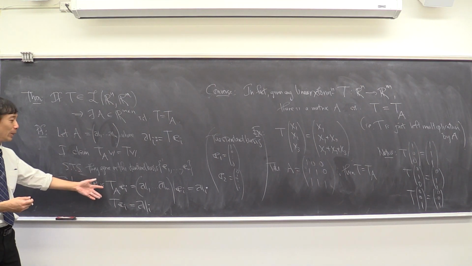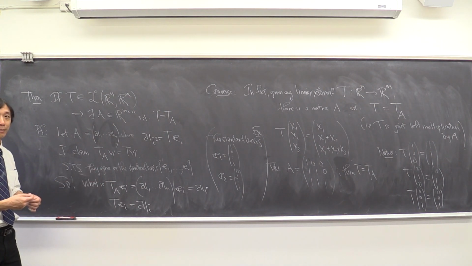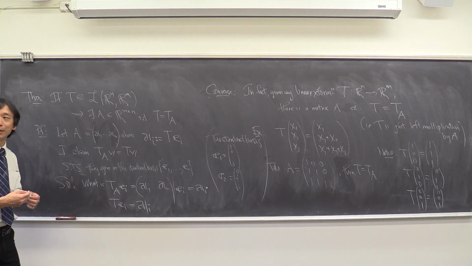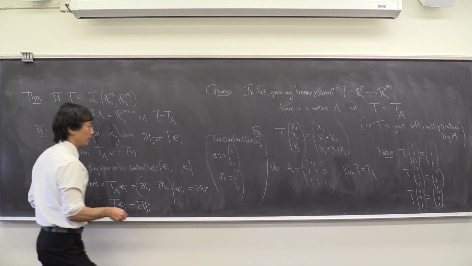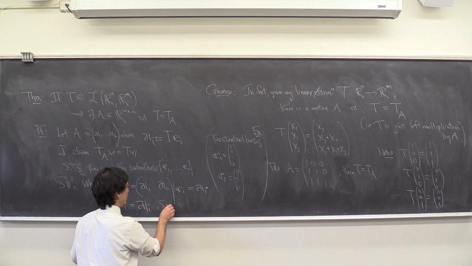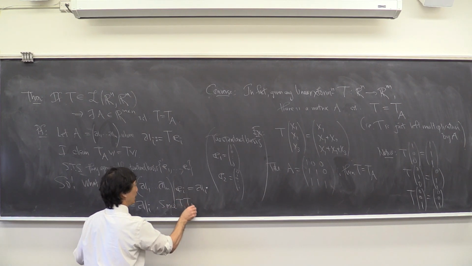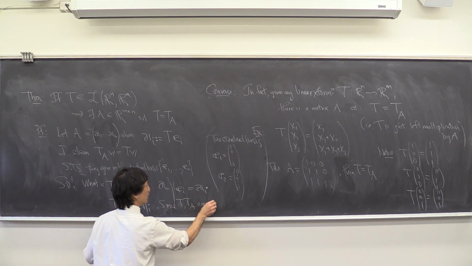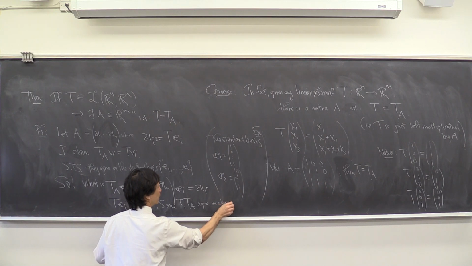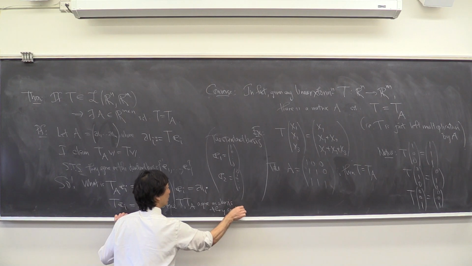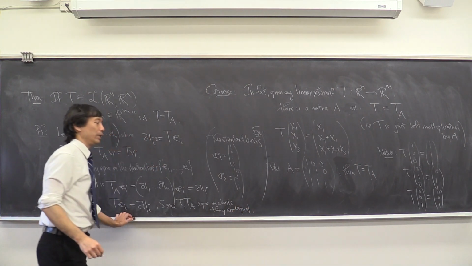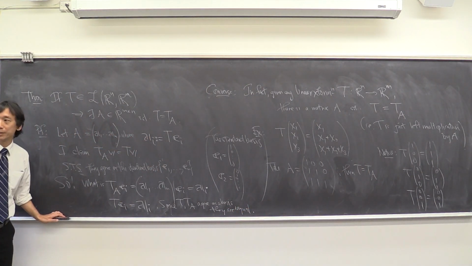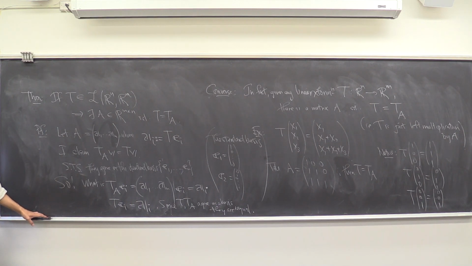So they agree on the standard basis, and so they agree everywhere. Okay. So since T and TA agree on a basis, they are equal. Linear transformations that agree on a basis are identical.